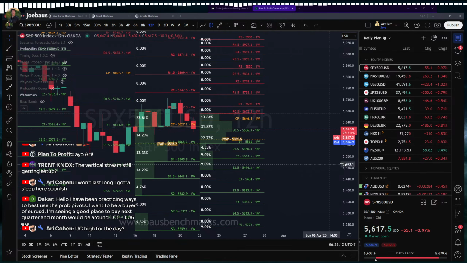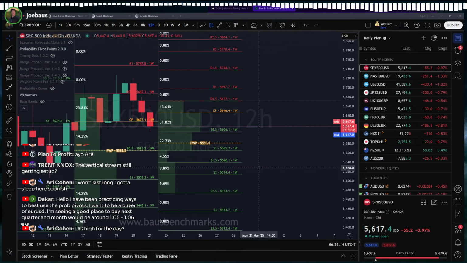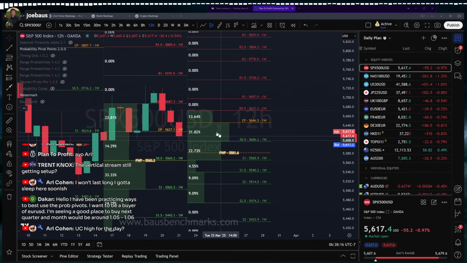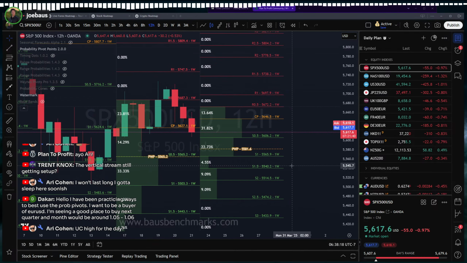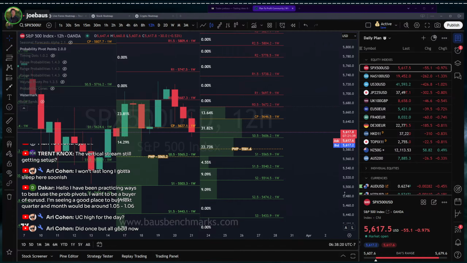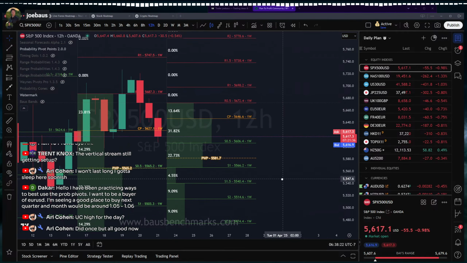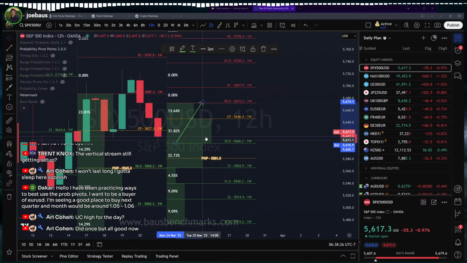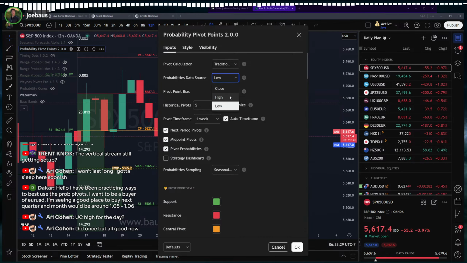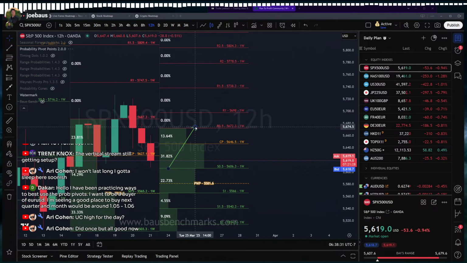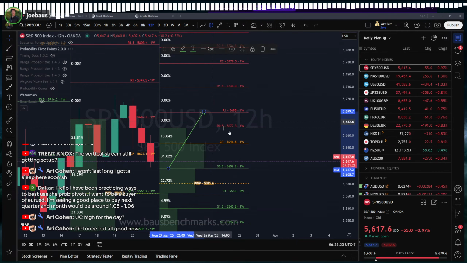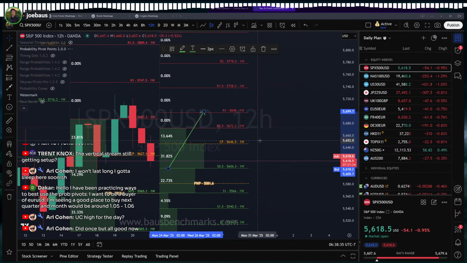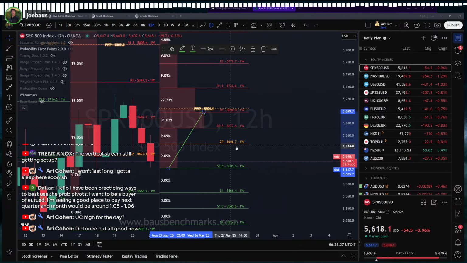Looking at next week's odds, it looks like about 50% of the time, the low for next week comes in between S1 and central pivot. So I wouldn't be surprised to see a move up going into the beginning of next week, sometime over the first couple of trading days.